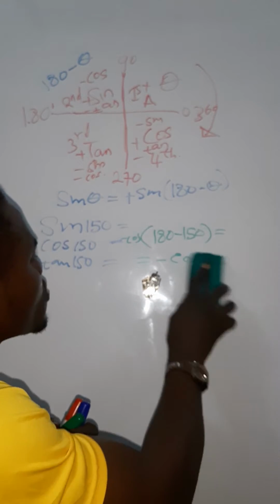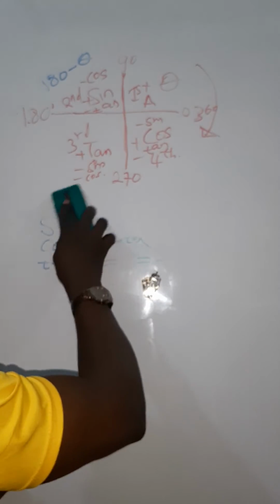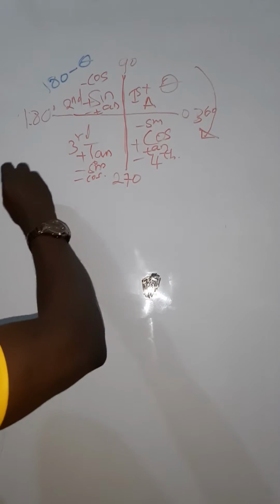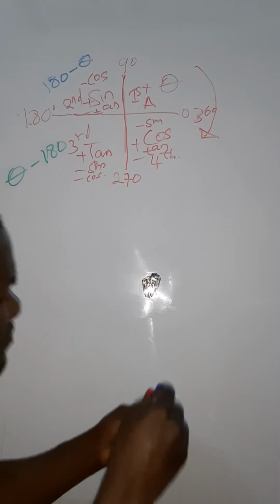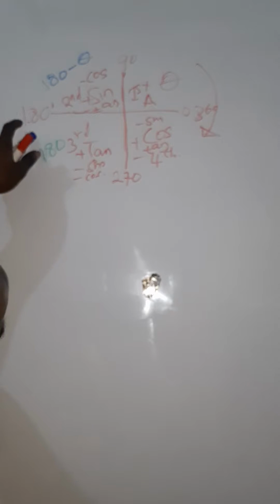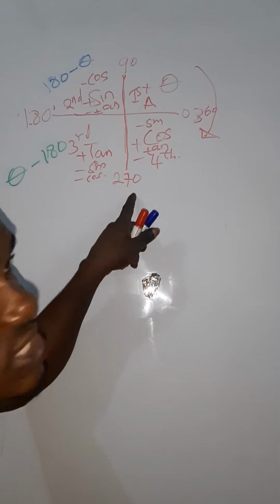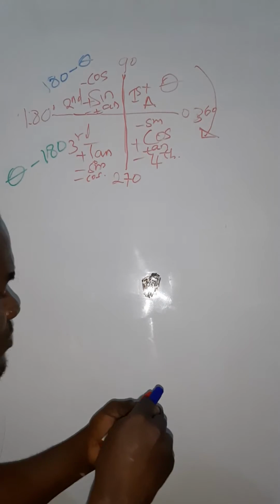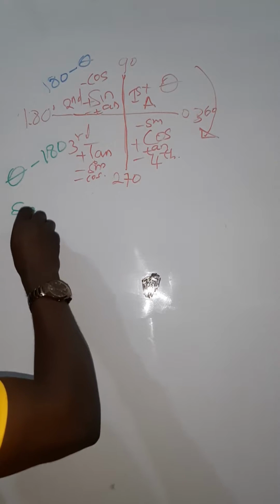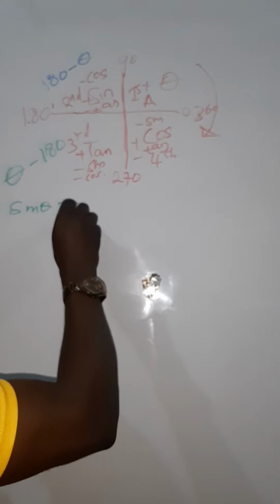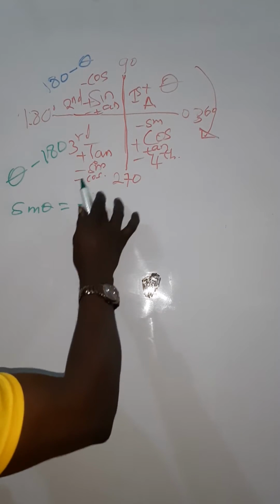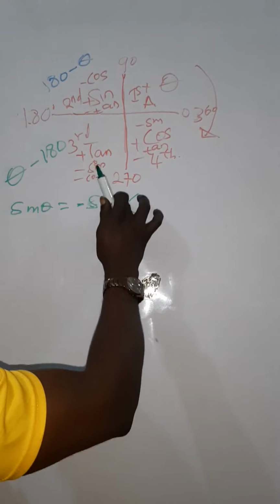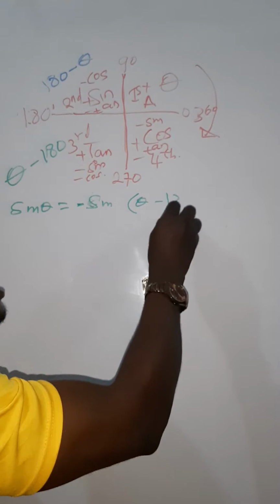Now on the third quadrant, there's a formula for that too. In this quadrant, we have theta minus 180. Any value greater than 180, that is from 181 to 270, only tan will give you positive. So if this is the formula and I'm to look for sine theta, sine theta will be minus sine of theta minus 180.